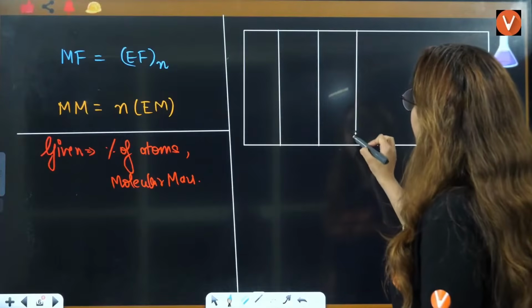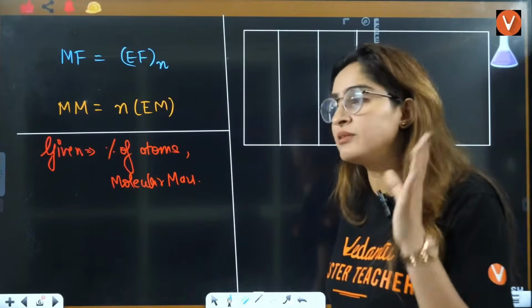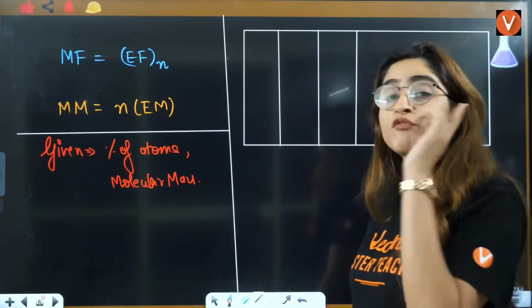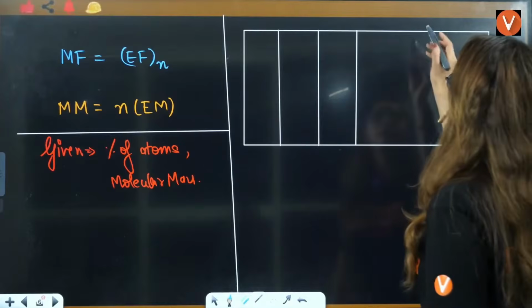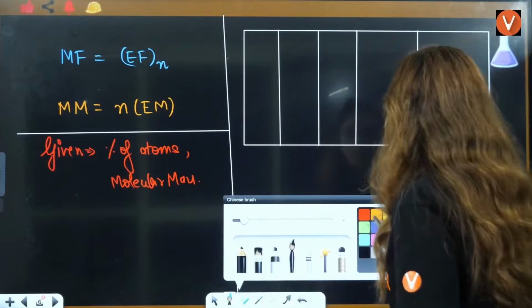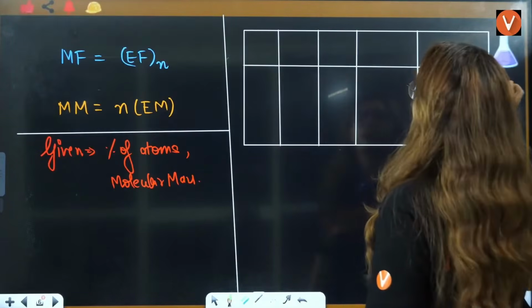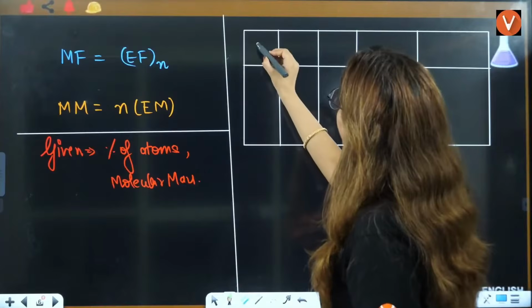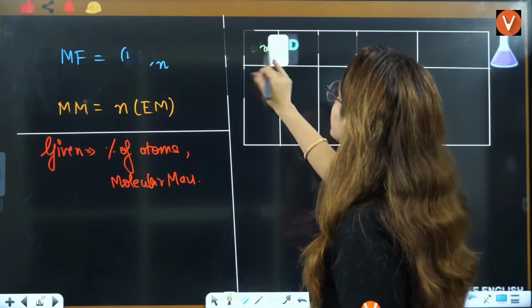In the third section, you will write the molar mass of 1 mole of atom. Then you will calculate moles and their simple whole number ratio. Here they will give you the atoms that are present.